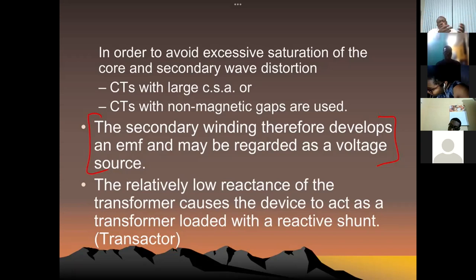And so these CTs obviously may be a little more expensive, but to avoid the saturation, you're using large cross-sectional areas, or you're using high reluctance CTs, meaning that the gaps are in your cores, and those gaps would be filled with non-magnetic material.